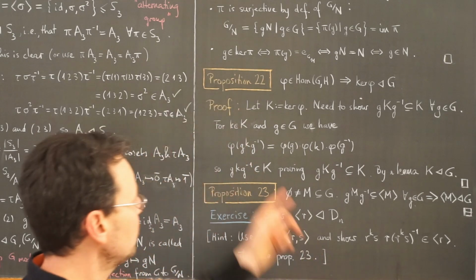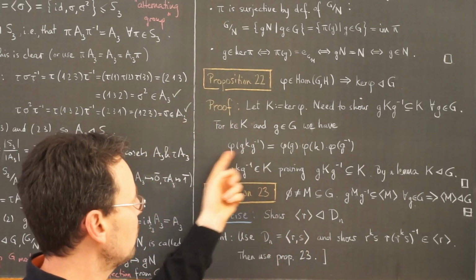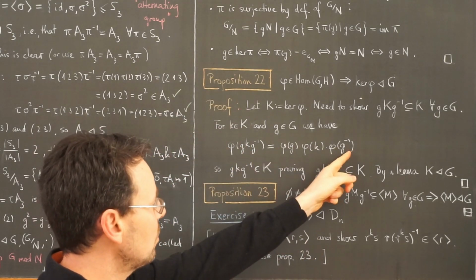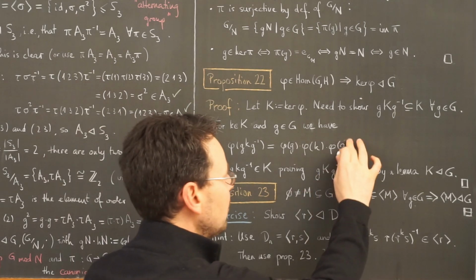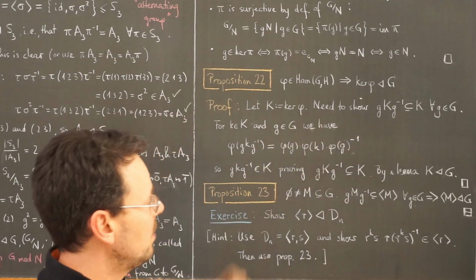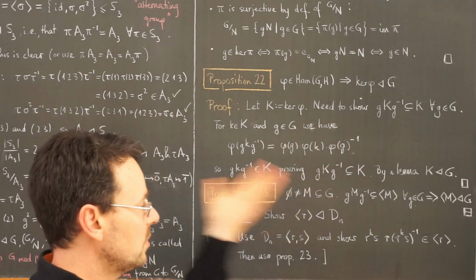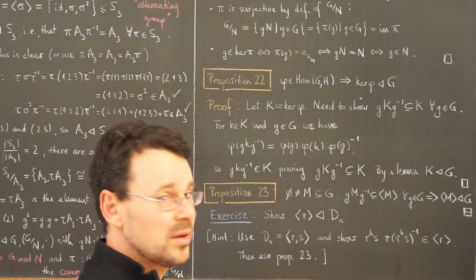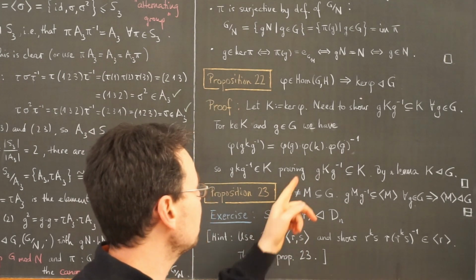So first of all, because phi is a homomorphism, I can write this here like so. And again, because phi is a homomorphism, I can pull the -1 out. We proved this in a video where we introduced homomorphisms.